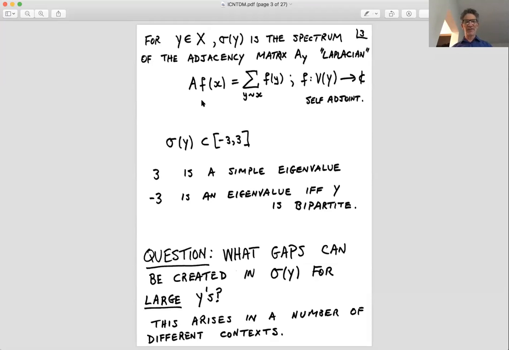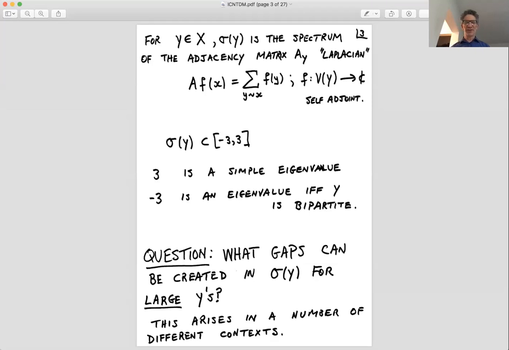So we have a matrix, adjacency matrix, which is, I like to think in terms of Laplacians, more geometrically a little bit. A applied to a function, the function's a function from the vertices to the complex numbers, and you sum all nearest neighbors according to the graph of f of y. So if f is a constant, because I'm 3 regular, I'll get 3 times what I started off with. So 3 is always an eigenvalue.